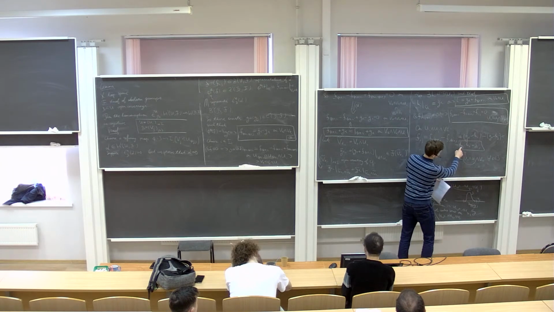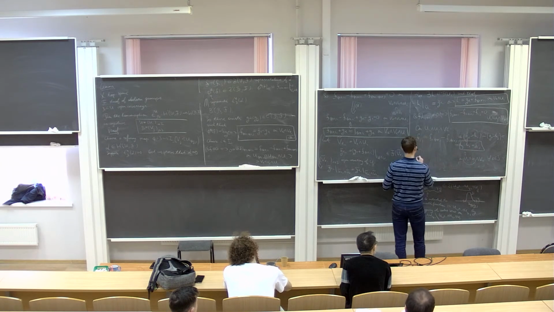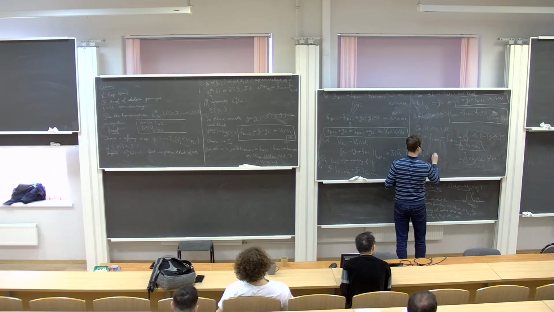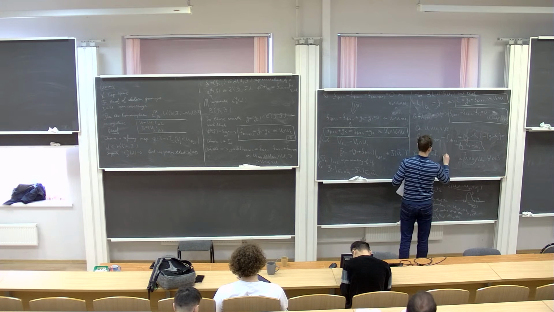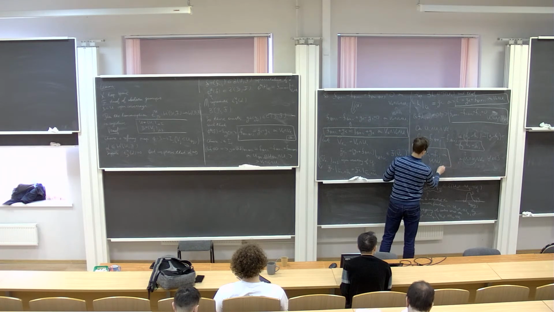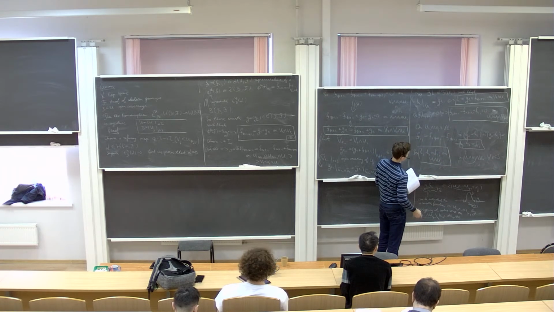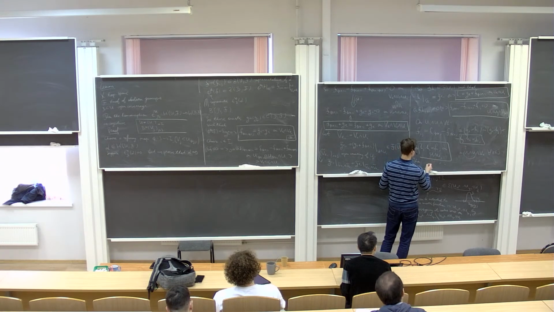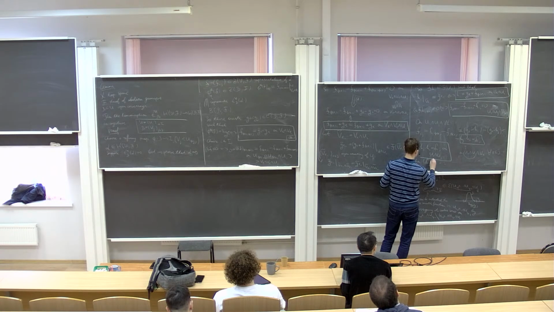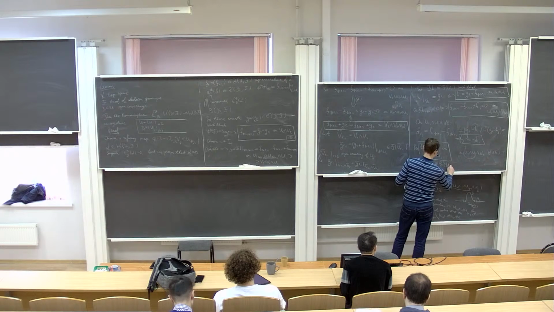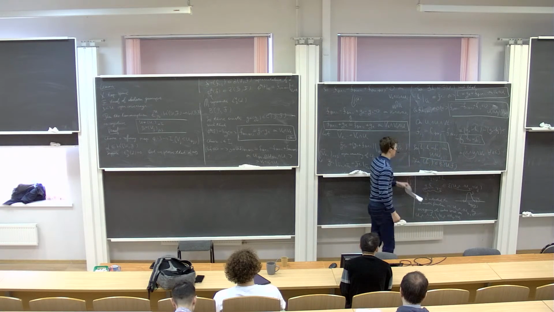So we see that this equality is true on U_i ∩ U_j. So h_j minus h_i is equal to f_ij on U_i, but then it means that f_ij is a coboundary, belongs to B^1(U).